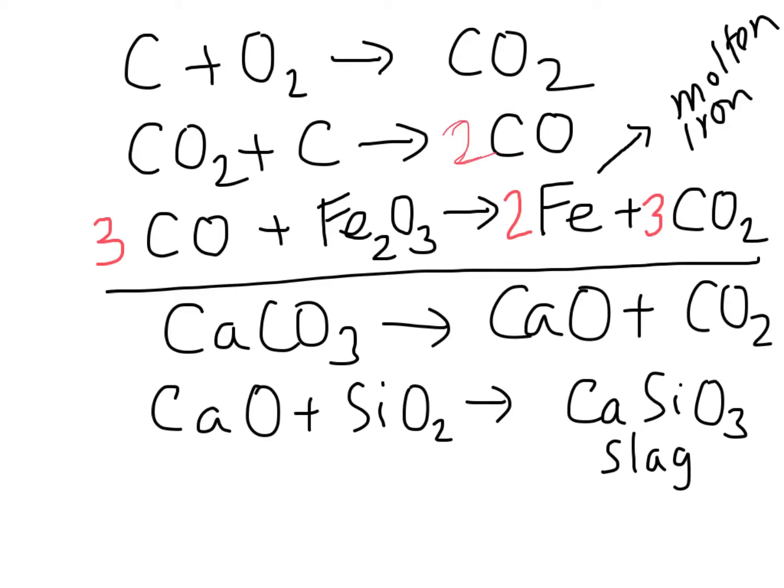And now when I put that 2, you have 2 carbon atoms here, and you have 1 plus 1, 2 carbon atoms on the left hand side, 2 oxygen atoms here, 2 oxygen atoms on the right hand side. So that's also balanced now. So the only equation that we're going to be looking at in detail is that one. So please go to the next slide to have a closer look at that equation.